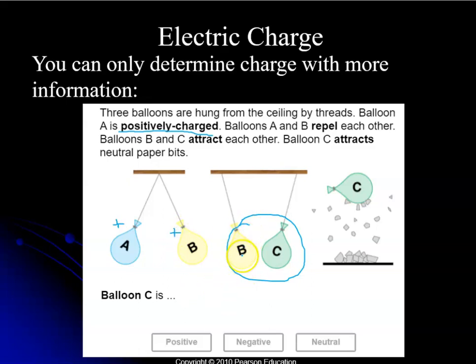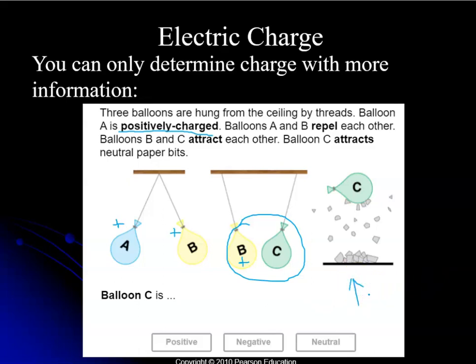So that tells us what the charge on balloon B is. But C then is attracted to balloon B. So without further information though, I can't tell whether or not C is neutral or whether or not C is a negative charge.